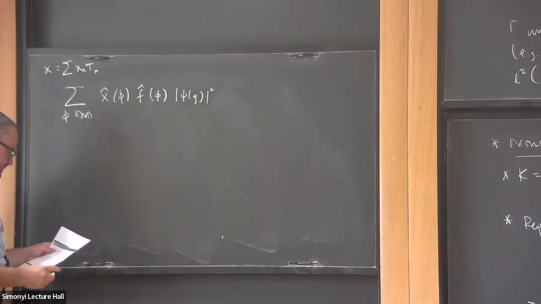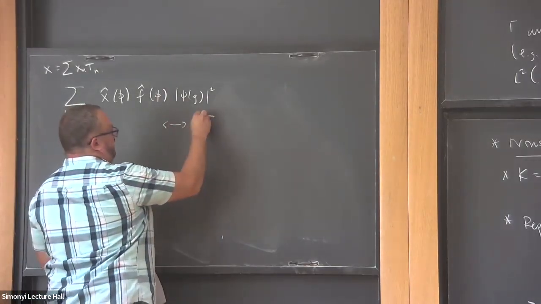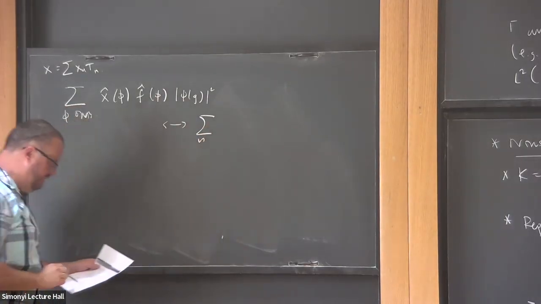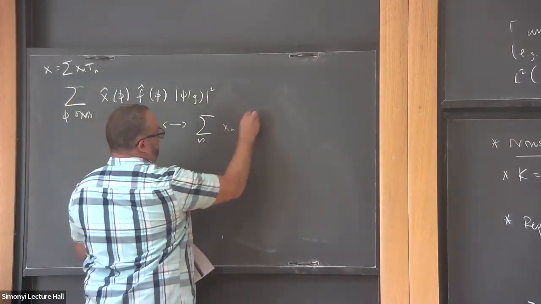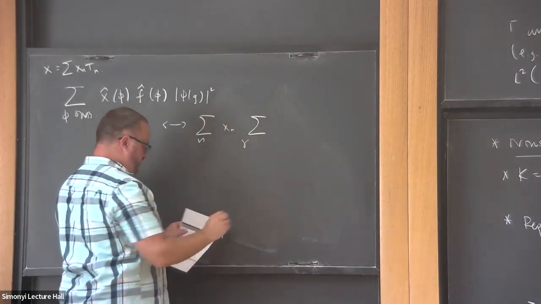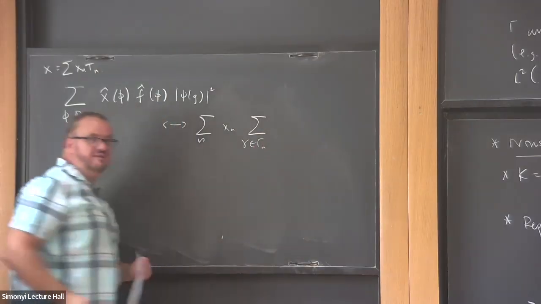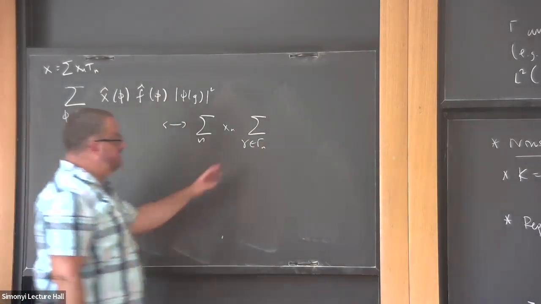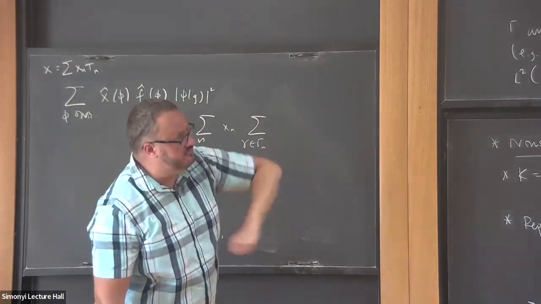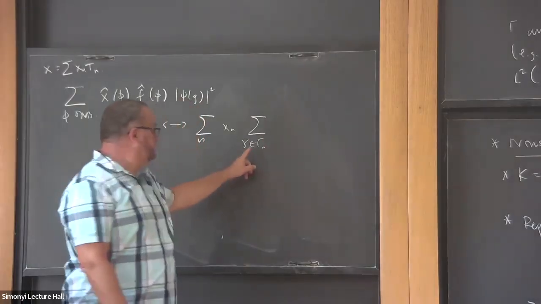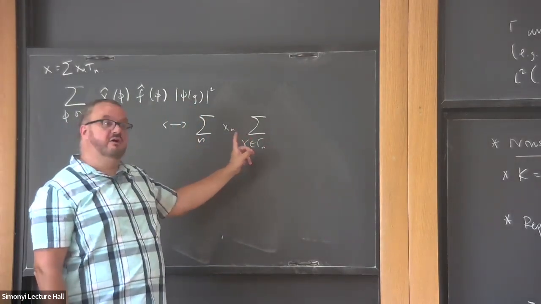And what's going to happen on the other side is that now you're going to be summing over all n. There's going to be this coefficient xn, and a sum over all gamma in gamma n. And what is gamma n? Let's say if gamma is SL2(Z) or SL2(Z[i]) or something like that, this will typically be the set of matrices of determinant n.